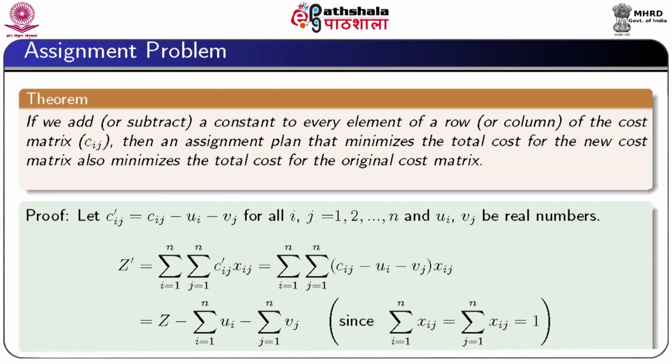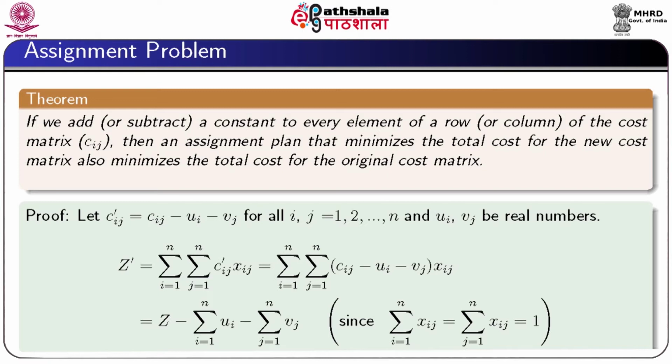Then an assignment plan that minimizes the total cost for the new cost matrix also minimizes the total cost for the original cost matrix. This result can be proved easily.